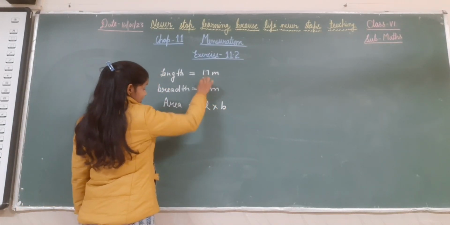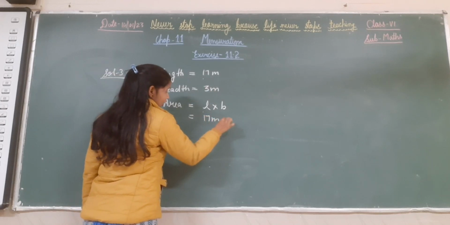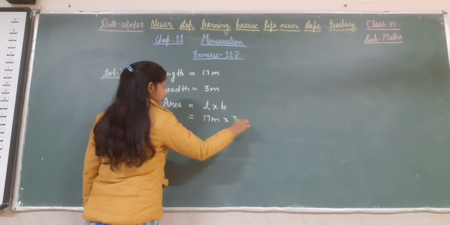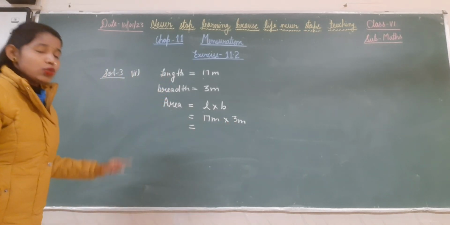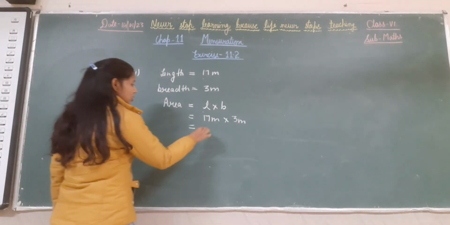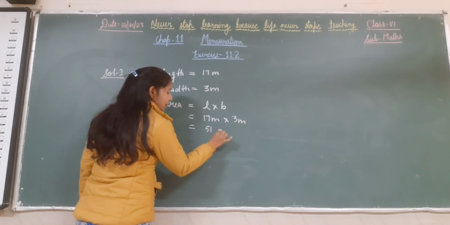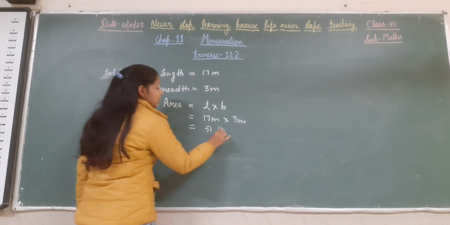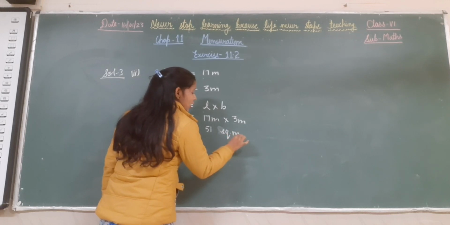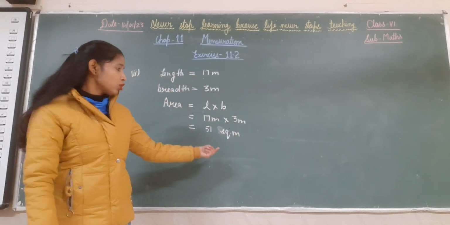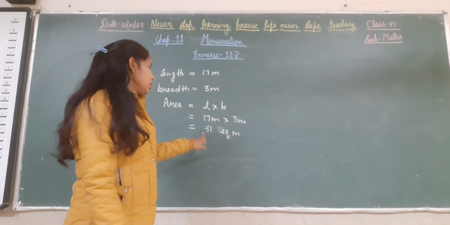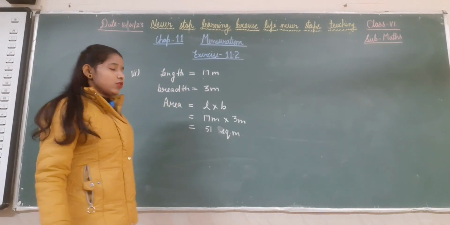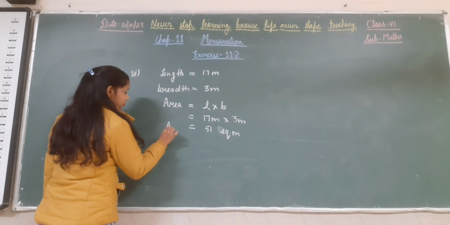And what is length here? 17 meter and breadth is 3 meter. 17 3s are 17, 17 2s are 34, 17 3s are 51. So write down here 51 meter square. Square meter is the unit. I have told you how the square meter comes in the introductory video, right? So the unit of area is square meter. So 51 square meter.